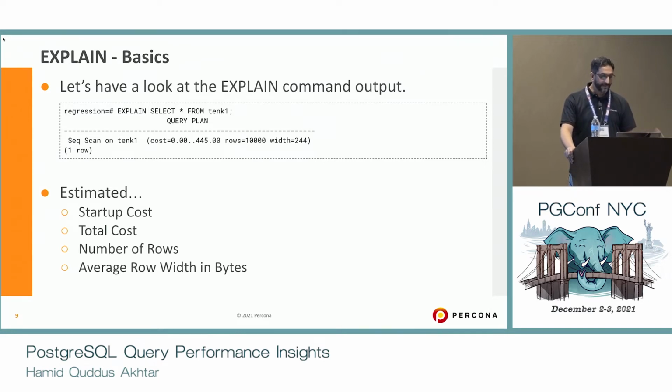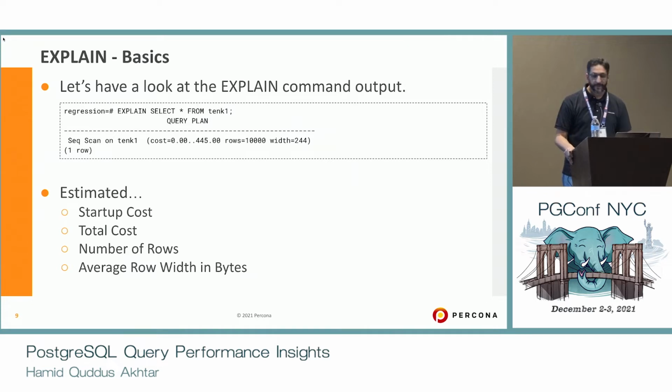So it's expecting that a sequential scan will be done on this relation, and the startup cost is 0, the total cost is 445, the number of rows is 10,000, and the width is 244.